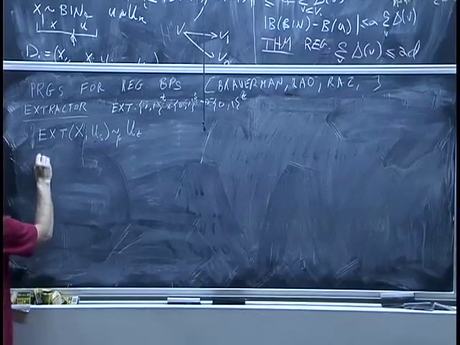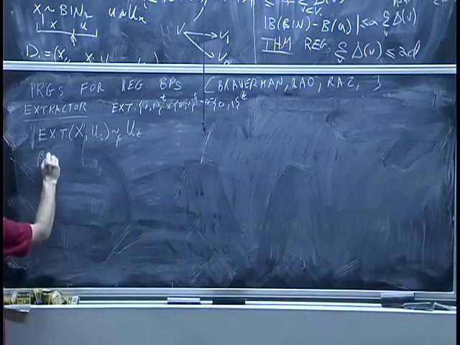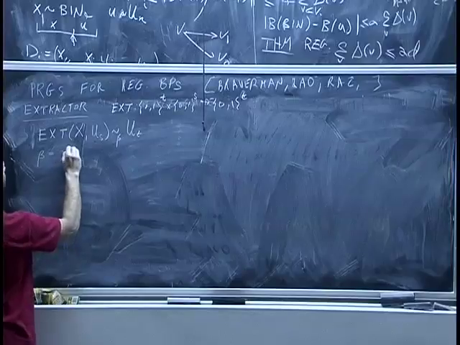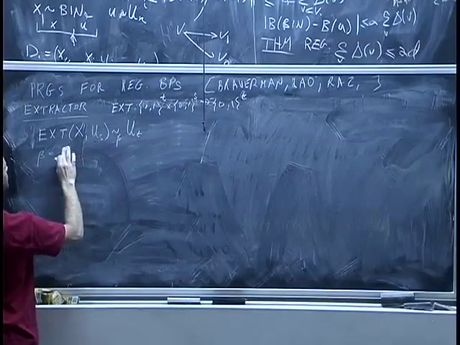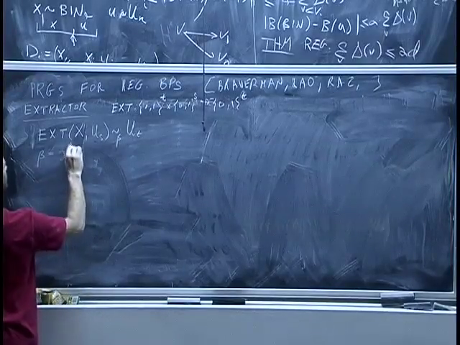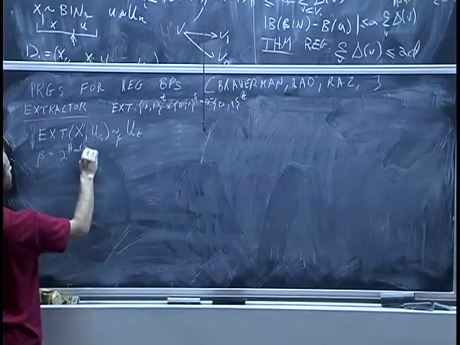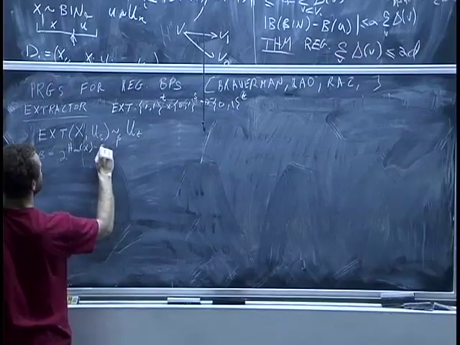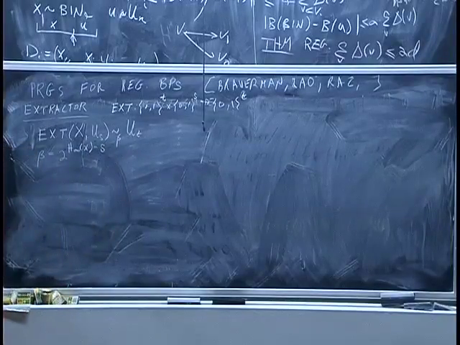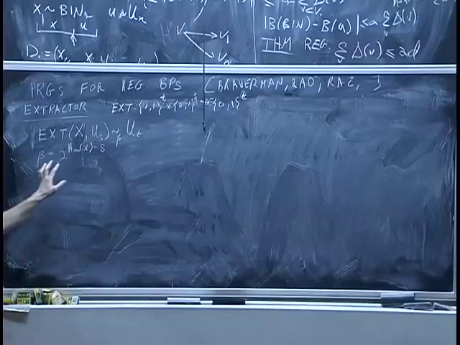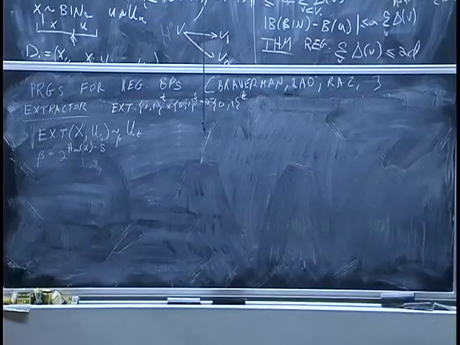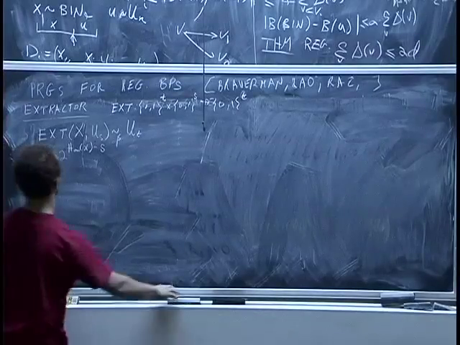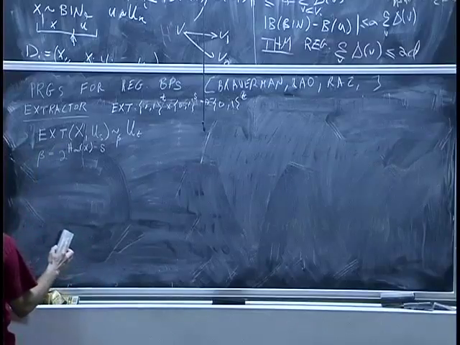So beta will be something like 2 to the minus 2 to the min-entropy of x minus s. And there are constants. Let's ignore them for a second. So it's not the min-entropy of the field. We want, yeah, you're right.